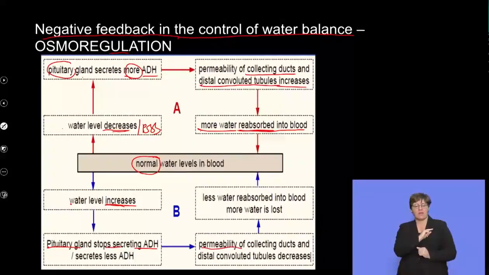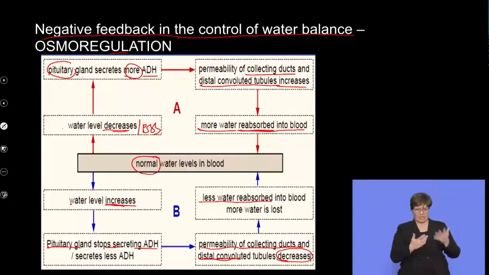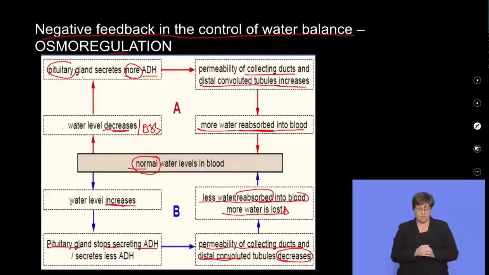Then the permeability of collecting ducts and the distal convoluted tubules will decrease. So that what should happen? Less water should be reabsorbed into the blood. So more water is lost. If water is not reabsorbed, more water will be lost. Once more water is lost here, the level of water goes back to normal.